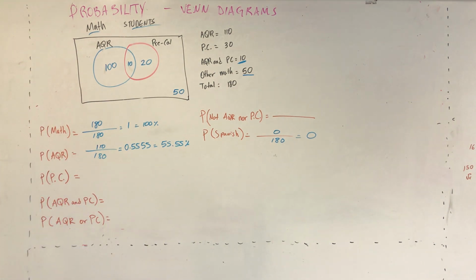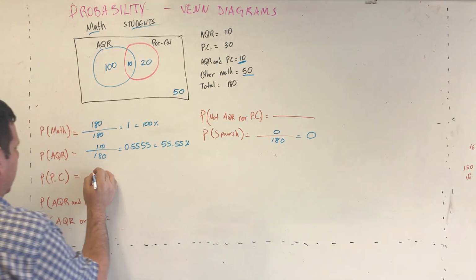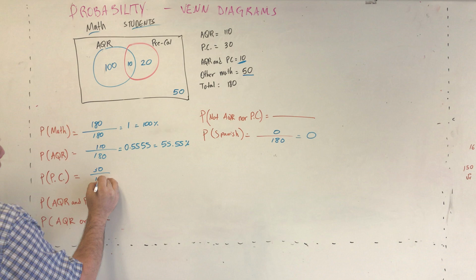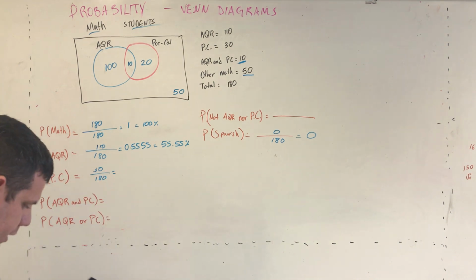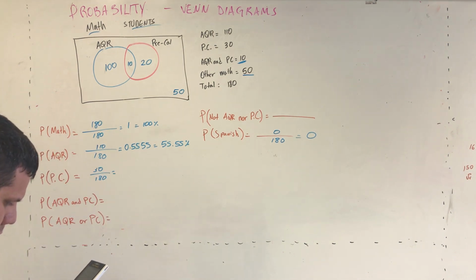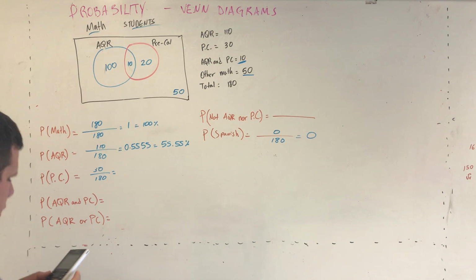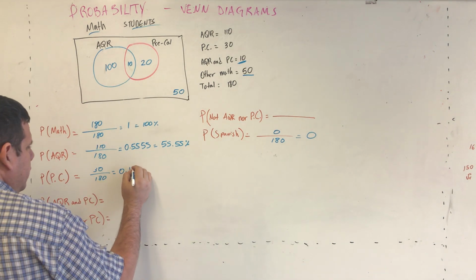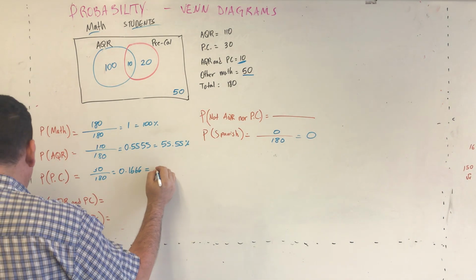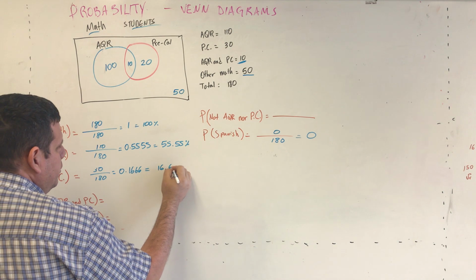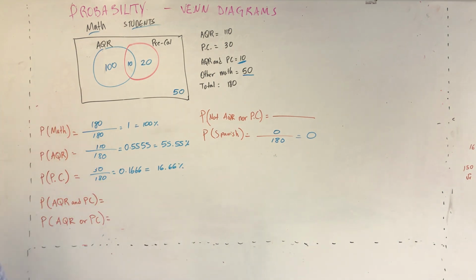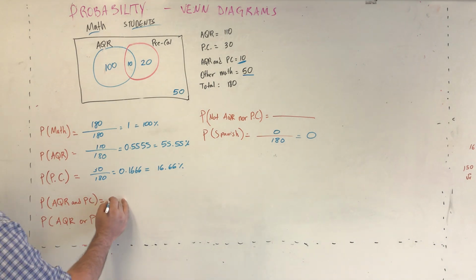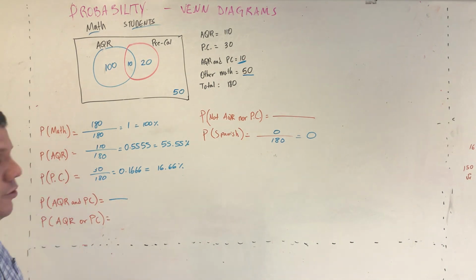Okay? Now, the precalculus. I have 30 for precalculus, and this is 0.1666 or 16.66%.